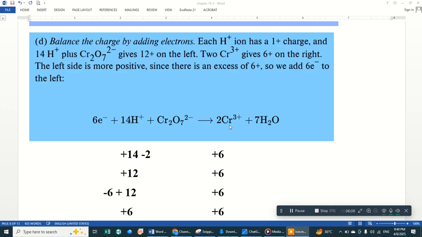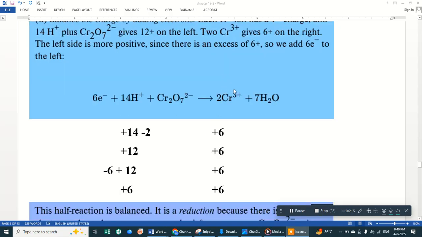On the product side, each chromium has a +3 oxidation state, so 2 chromium give +6. It means the product side has +6 charge and the reactant side has +12 charge. How can we balance the charges on both sides?